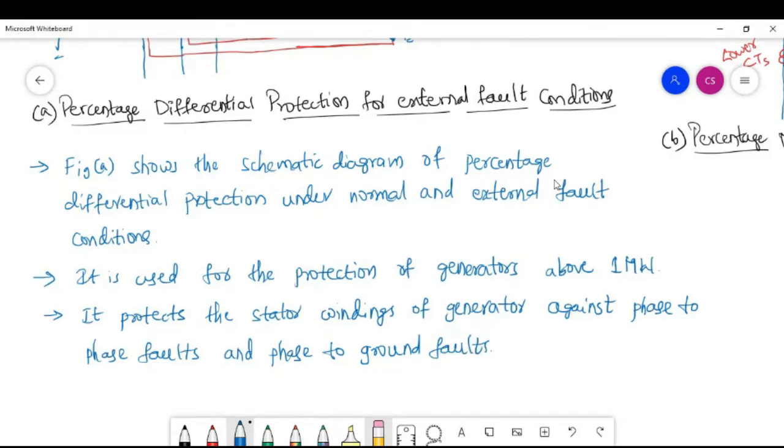It will provide 100% protection of the generator if the fault is a phase-to-phase fault, but it will provide only 80 to 85% protection if the fault is a phase-to-ground fault. Why? We will discuss that next. I repeat, if the fault is a phase-to-phase fault, then this protection scheme is 100% useful. If a fault is a phase-to-ground fault, then this protection scheme will have an accuracy of only 80 to 85%. Why is it not providing 100% protection in case of phase-to-ground faults? I will tell you the point.